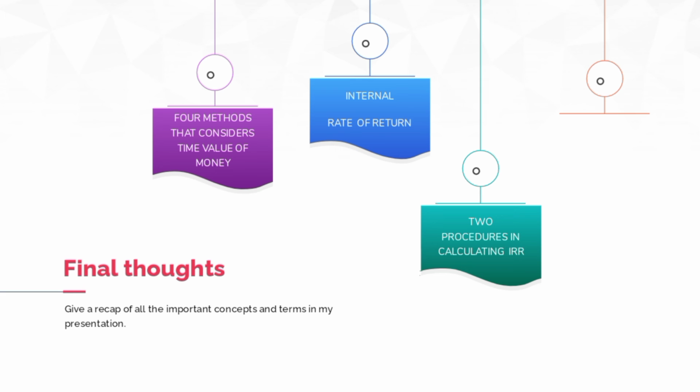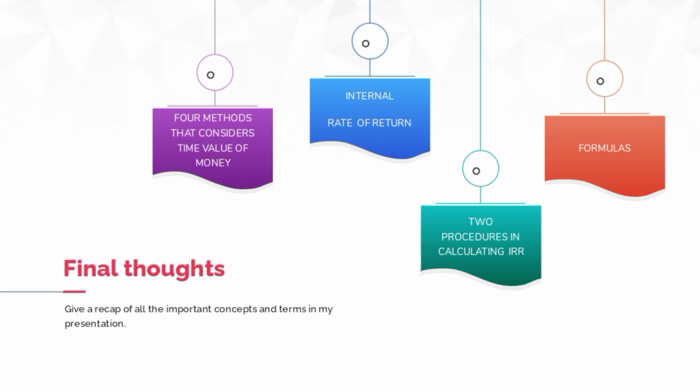We also have 2 procedures in calculating the IRR. The first is when the cash inflows are uniform for all the years. And the second is when the cash inflows are not uniform. In that case, we will follow the trial and error method or the interpolation procedure. The last part is the formulas that we need to remember.